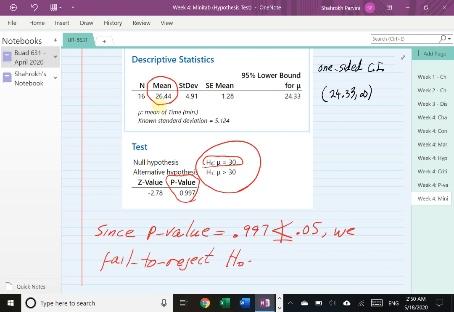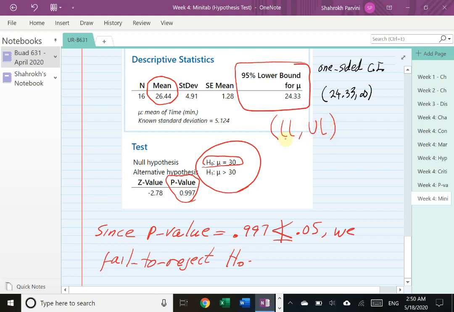Now, something interesting just to touch up on this one. Notice for a confidence interval, usually we have a lower limit and we have an upper limit, right? LL, lower limit, upper limit. This one, because the alternative is greater than, Minitab has actually done a one-sided confidence interval.